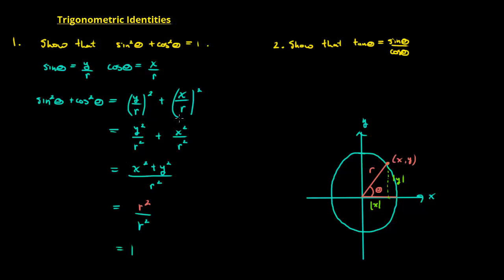Now, this identity, the fact that sine squared theta plus cos squared theta is equal to 1, is called the Pythagorean identity. Let me write that down. Pythagorean identity.